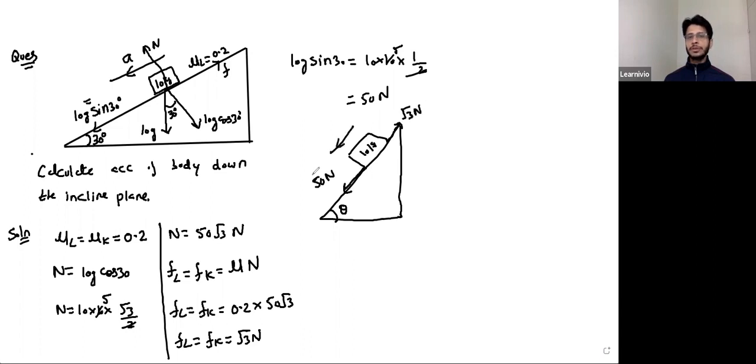And obviously this force is greater. So it will definitely move in the downwards direction with certain acceleration. Next, you can write this equation as 50 minus root 3 is 10a. So a equals 50 minus root 3 by 10. So the acceleration is 5 minus root 3 by 10 meter per second squared.